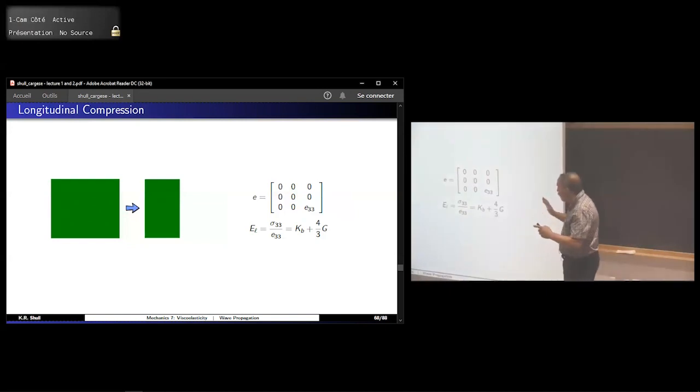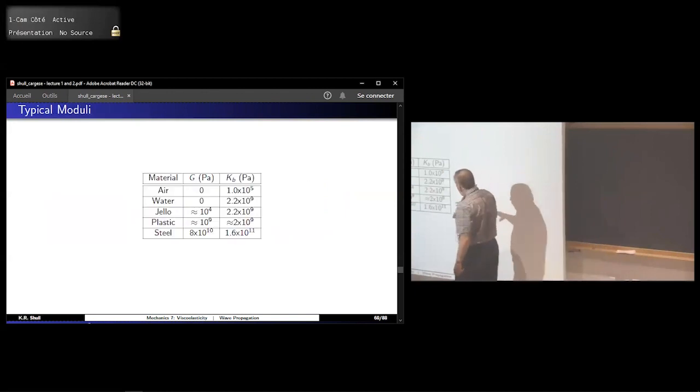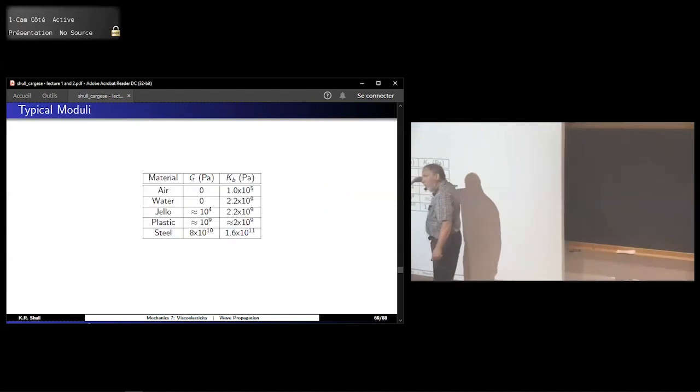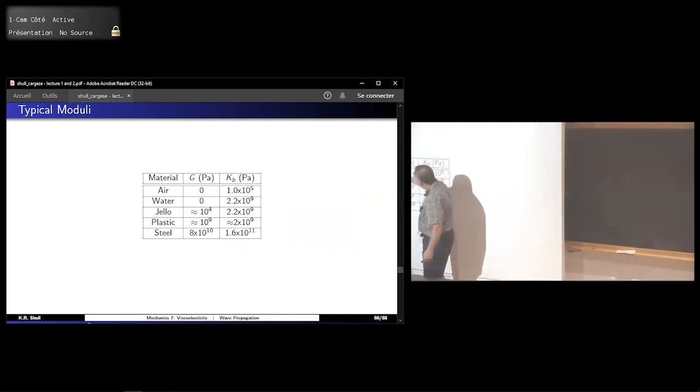It turns out it's the isothermal compressibility, but that's a bit of a detail. So there are these different things that we have to worry about. Again, I'm interested in sound wave propagation. In air or water, the shear modulus is zero, so I'm not going to get any shear waves.